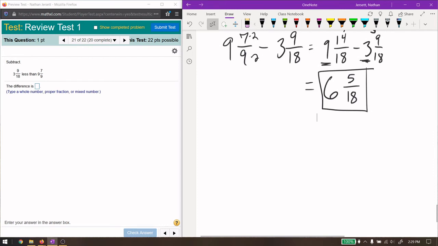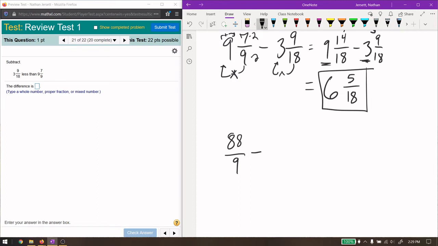If you're not sure how to do that, if it's confusing at all, don't do it. Just do the improper fractions. 9 times 9 is 81, plus 7 is 88. 18 times 3 is 36, 54, I think.